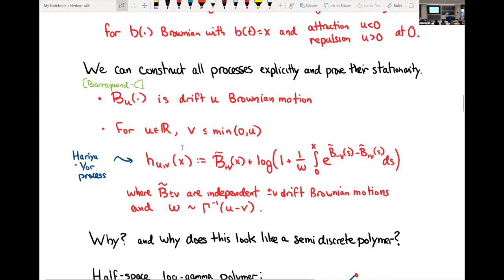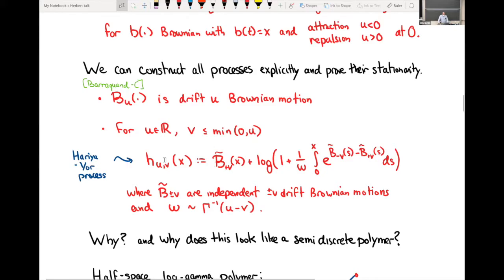Okay, so under this condition, the HUV of x takes the following form. It's written in terms of two independent plus or minus v drift Brownian motions. I'm assuming that v is negative. So these are independent, there are two different ones. Then there's an auxiliary random variable which is inverse gamma distributed with parameter u minus v, and you can check that u minus v is positive.